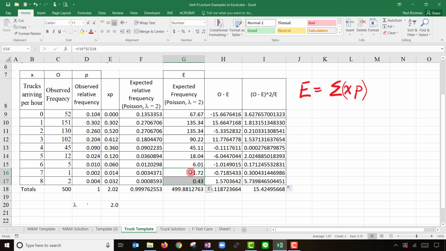So what we could do to fix this is basically combine 3 categories into one. Have a category called 6 or more. And that way we'll have enough data. If we combine this row here with the rows beneath it, then we'll have expected values of greater than or equal to 5.